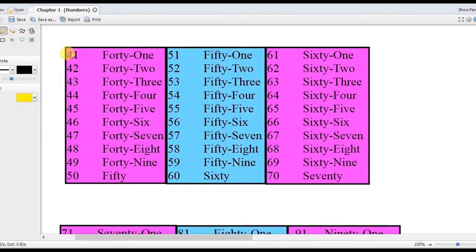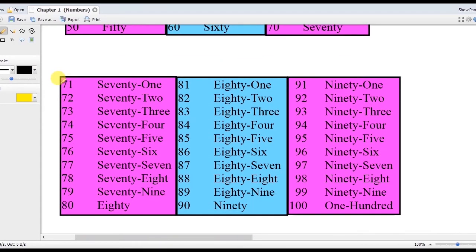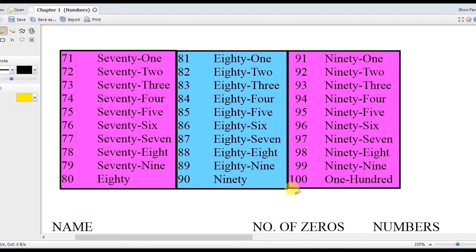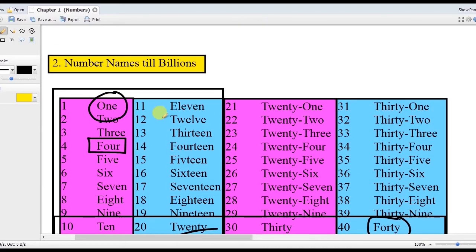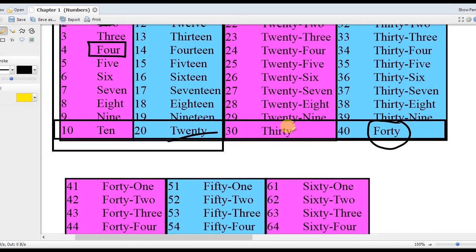Here are the spellings from 41 till 70, then 71 till 100. After that, if I say 101, 100 is already there, and 1 we have already studied here, right? 110: 100 we already learned how to spell, and 10 is TEN.